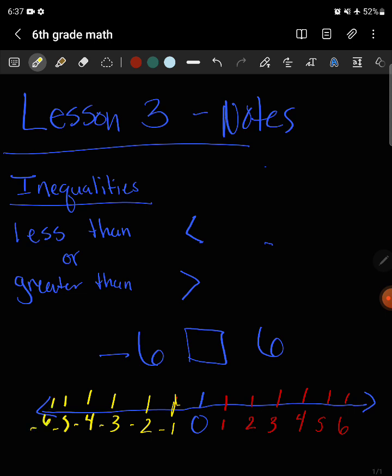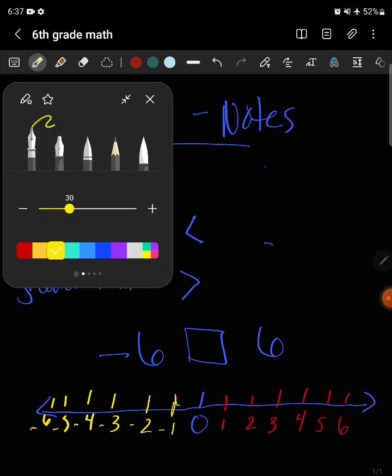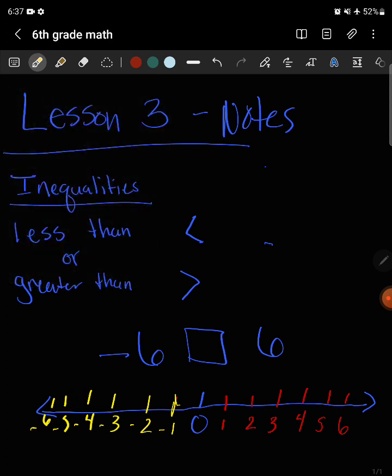If I was to go on a number line and if I was to plot both of these points, 6 and -6, I want to know which is the larger value. All right. And so we always start off with the number that is from the left. So the number that's on the left is -6. So we are saying -6 is less than 6. And this is why -6 is less than 6.